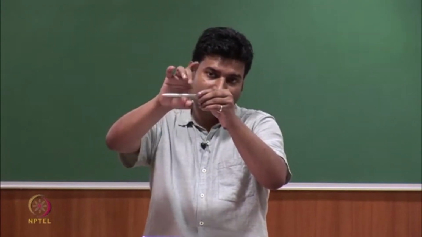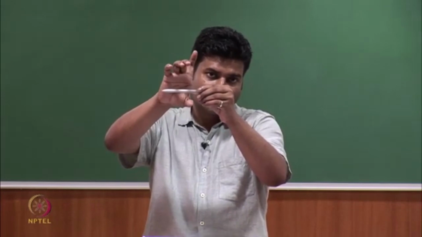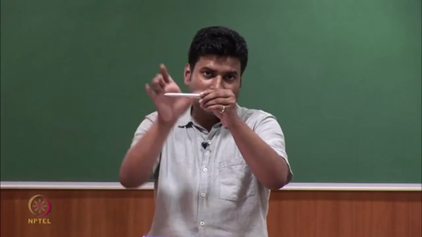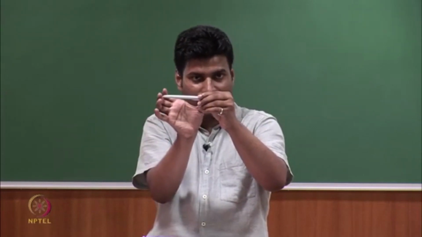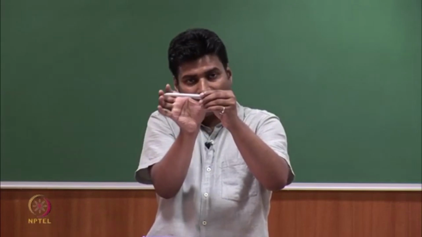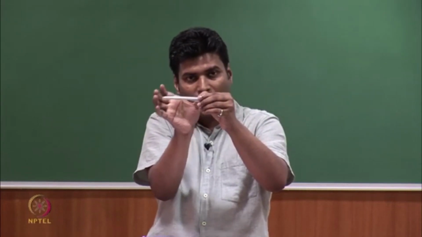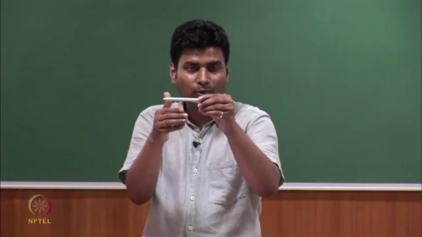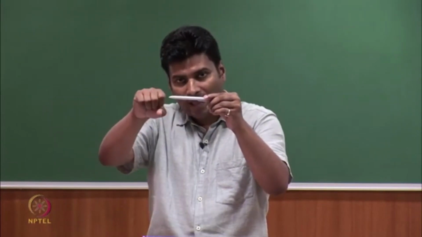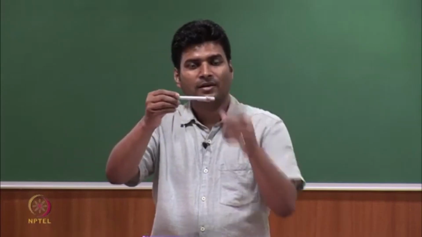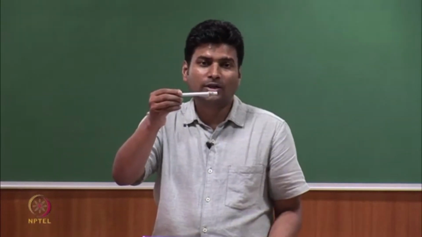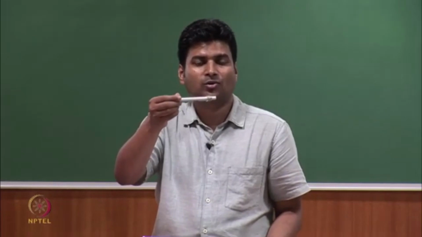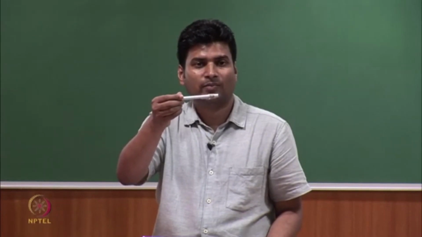So, the radial strain is the direct strain, and the axial strain is the indirect one. This is exactly opposite of applying axial force. So, this also generates only u r and u z, there is no u theta.